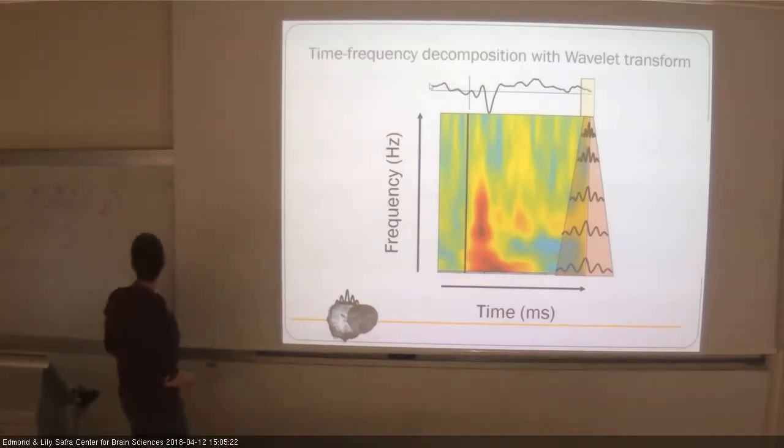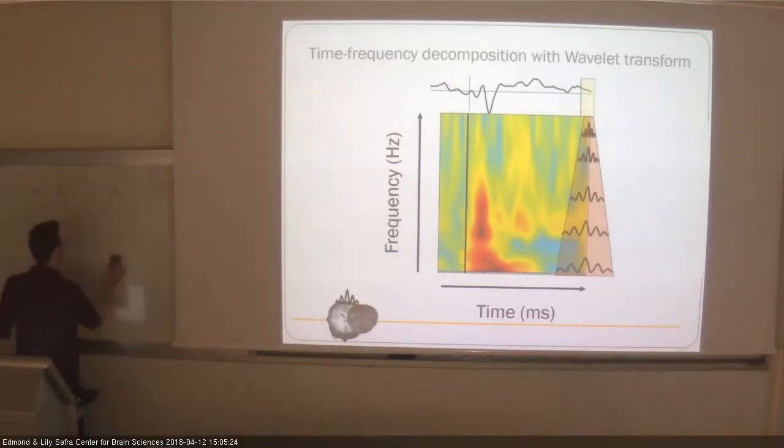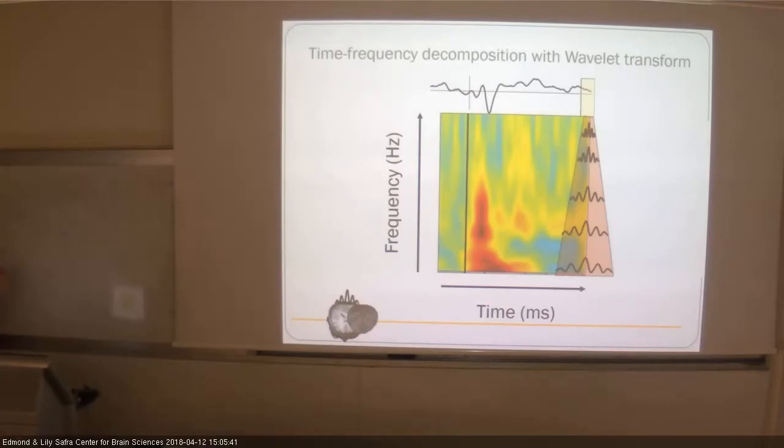So for example, if this is my signal, then when I use the wavelet that corresponds to this frequency, it would look like this, more or less.